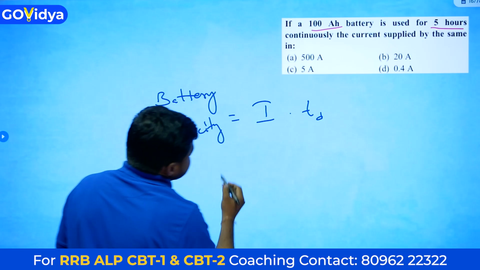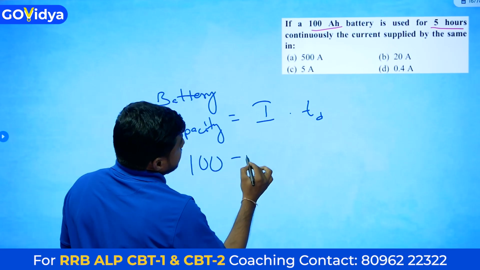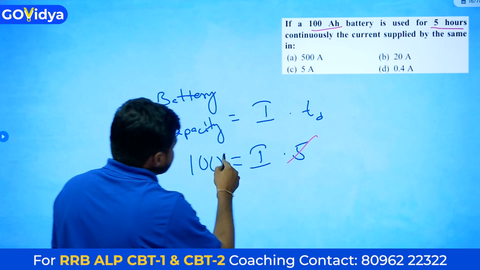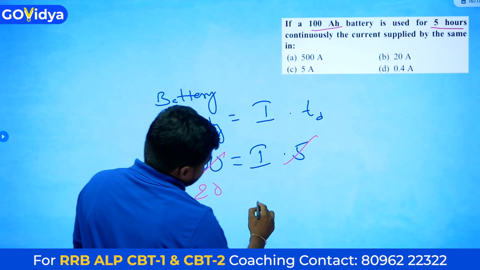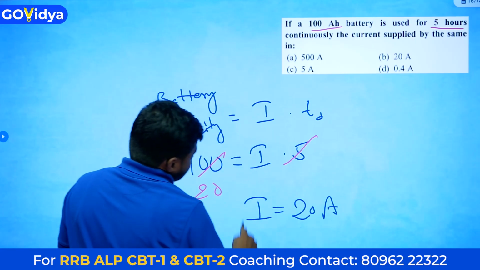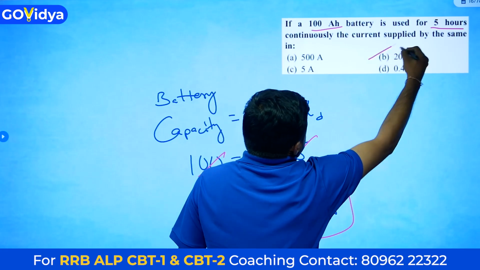Battery capacity is 100 ampere hour, discharge time is 5 hours. 5 twos are 10, 20. I is equal to 20 amperes. From the options, B is the correct answer.